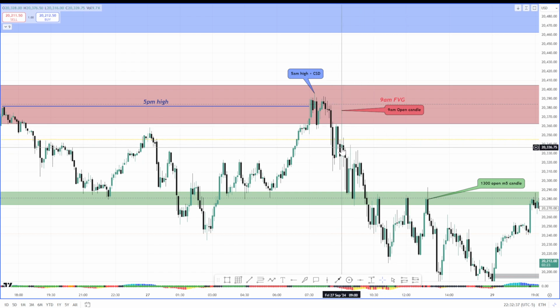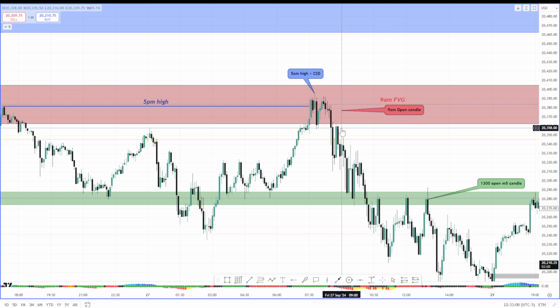Here's our 9 a.m. opening candle. This 9 a.m. 4-hour candle opens and it immediately runs up into this fair value gap. We have one right here. We also have this large 4-hour 9 a.m. fair value gap.